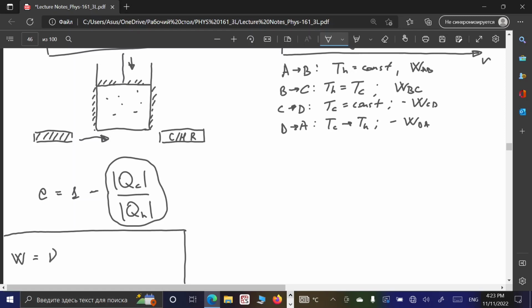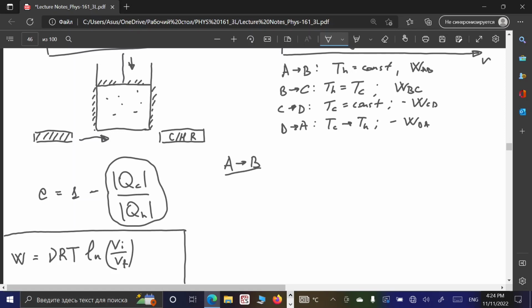That was nu, the amount of moles, times R, the universal constant, times temperature T, times the natural logarithm of V initial over V final. According to our derivation, that was the work done by external forces. That's important. So now let us consider the first isothermal process, which is AB.